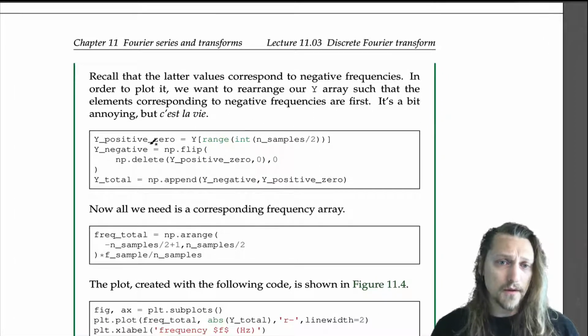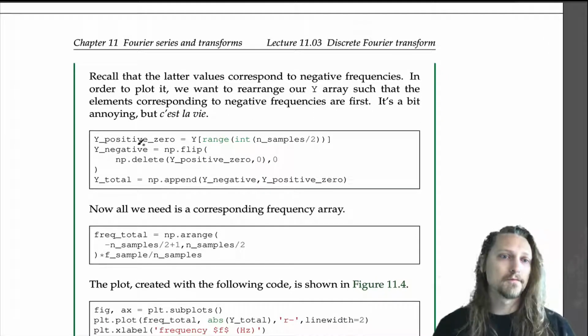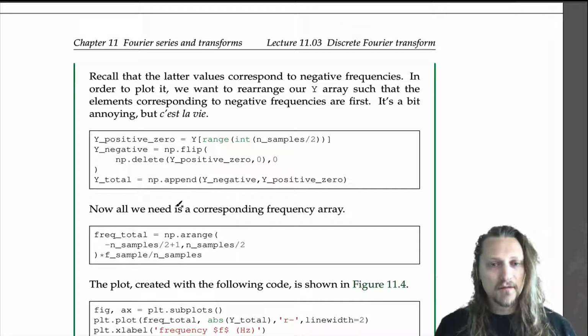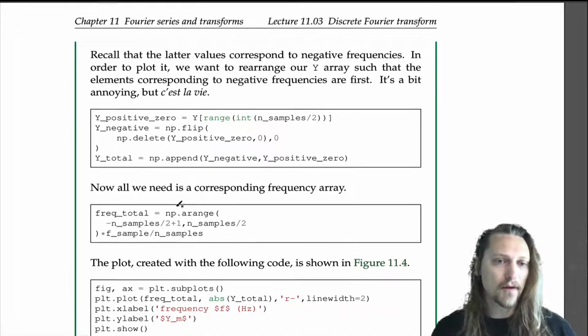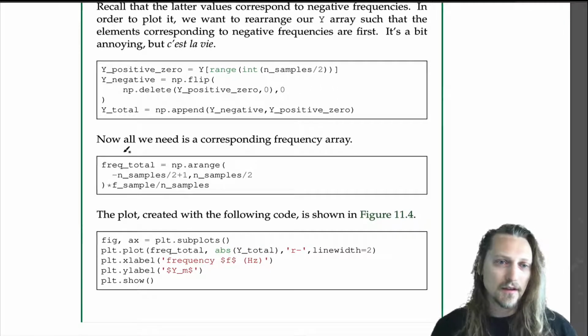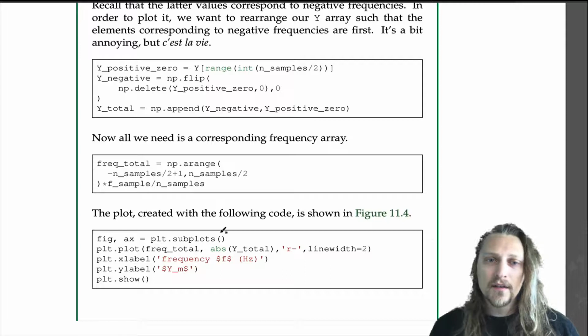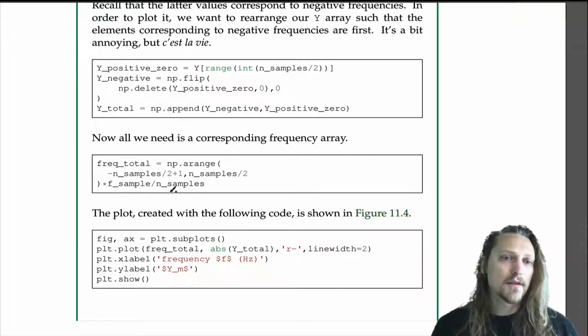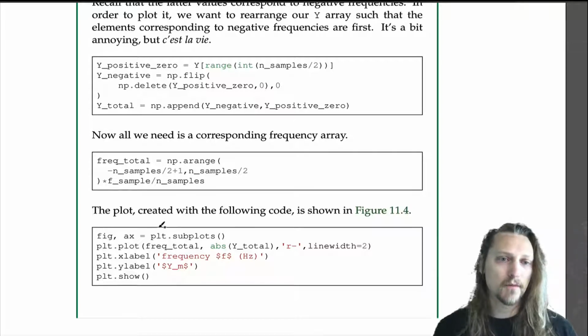So what we'll do here is we'll just essentially reorder things so that we have the negative then the positive, so that we can do our plot relatively easily. So kind of annoying, but c'est la vie, right? Now all we need is a corresponding frequency array. So we can compute that, which is pretty straightforward to do.